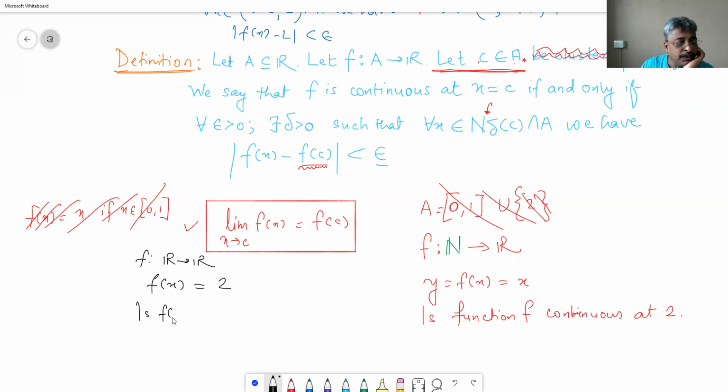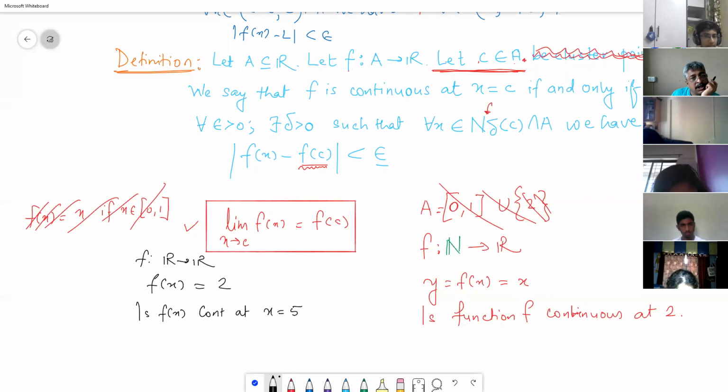Is f of x continuous at x is equal to 5? Yes or no? Is f of x continuous at x is equal to 5?